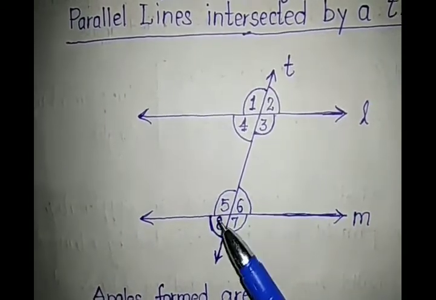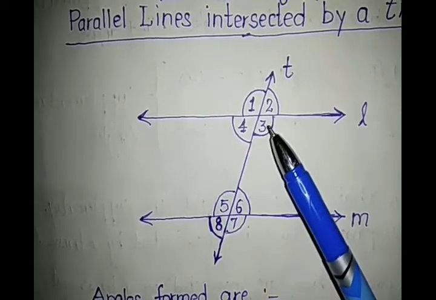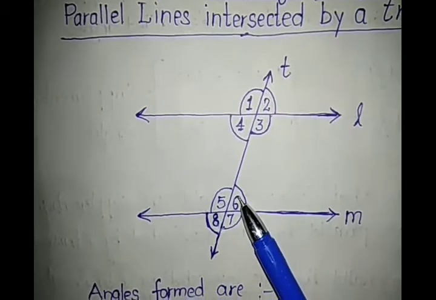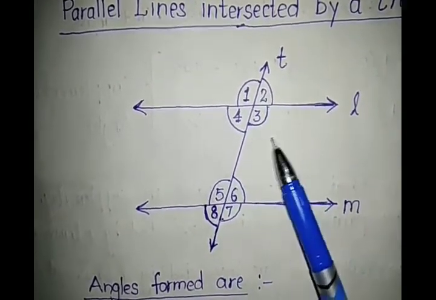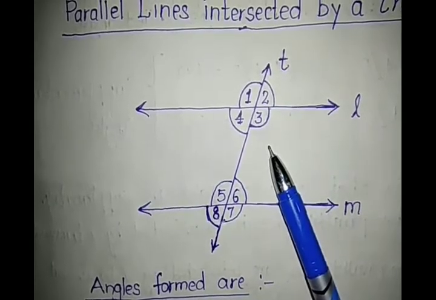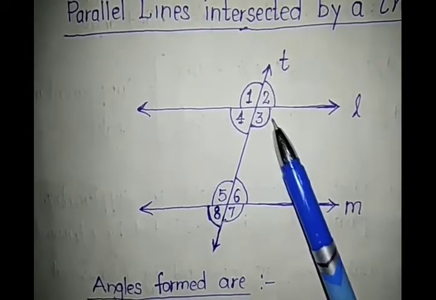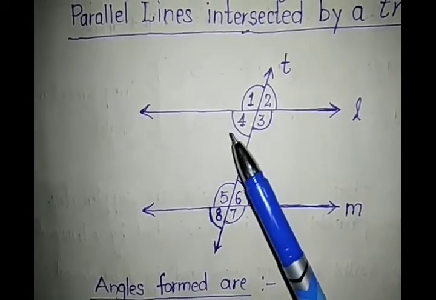So angle 4 plus angle 5 is equal to 180. Also angle 3 plus angle 6 is equal to 180, means the sum of these interior angles on the same side of the transversal is 180.